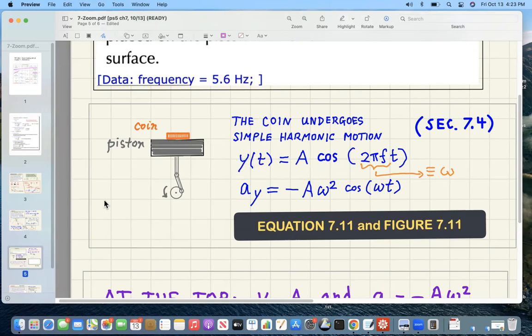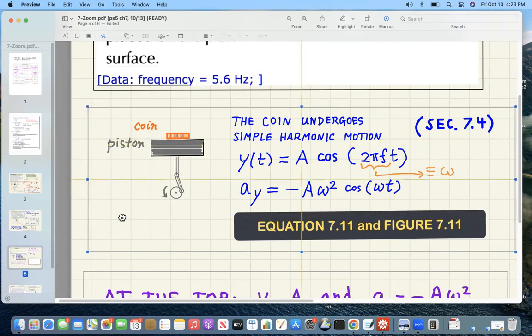In other words, if I again call this the y direction, then the coin, assuming it stays in contact with the piston, is just going up and down. As a function of time, its coordinate will be A cosine omega t. Omega t I can write as 2 pi times the frequency, because omega is the angular frequency.